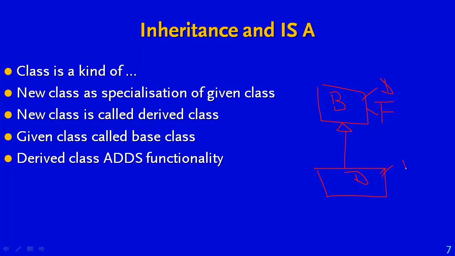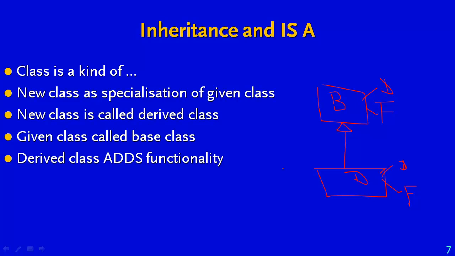It's also got data plus functions. The normal scenario is you start with a base class with data, functions and whatever, and you create a derived class from it. In general, the derived class adds functionality with respect to the base class. The derived class is in all respects a base class as well, but it adds new data and new functions.